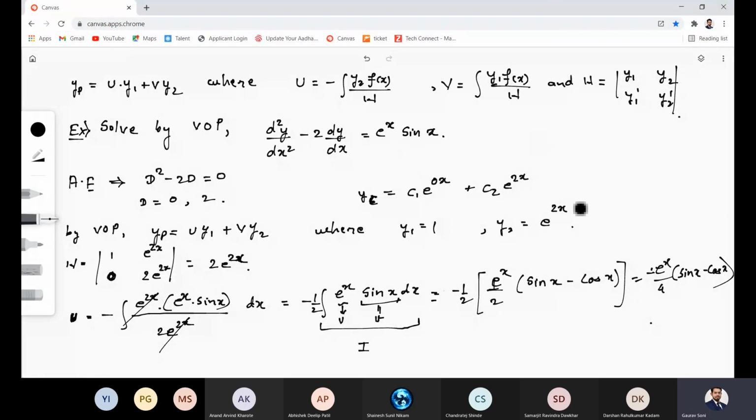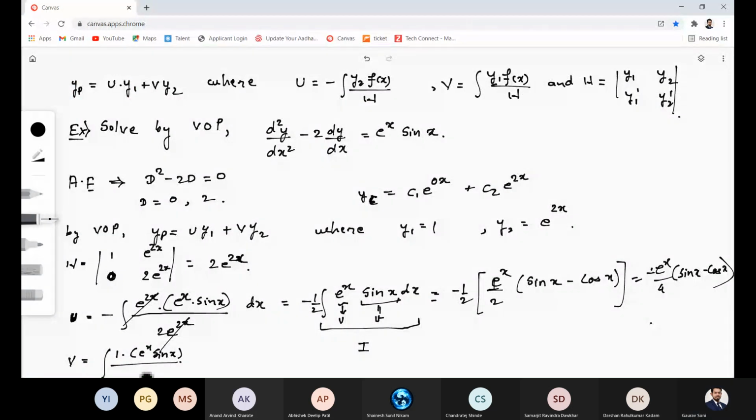So whatever integration we have done on the previous page, that answer directly I have substituted over here. Now I'll go for v. The formula for v is integration, y1 is 1, right hand side e to the power x sin x upon y1 into f of x divided by w, which is 2 e to the power 2x.